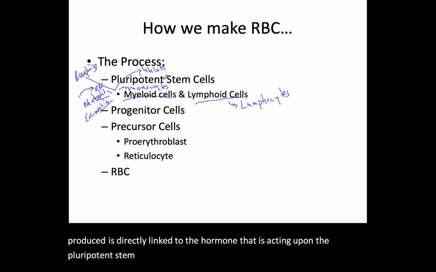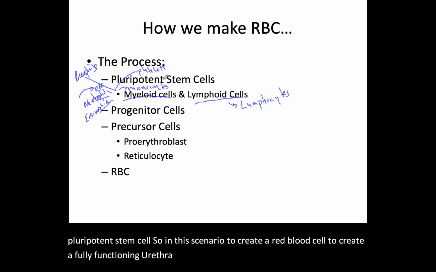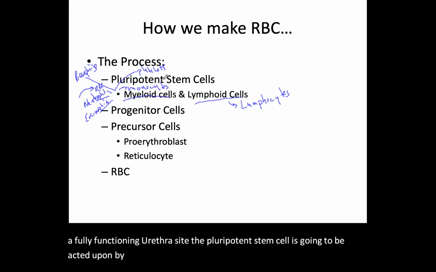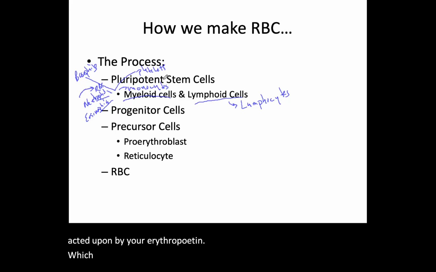So in this scenario, to create a red blood cell, a fully functioning erythrocyte, the pluripotent stem cell is going to be acted upon by erythropoietin, which we've already talked about is released from the kidney.